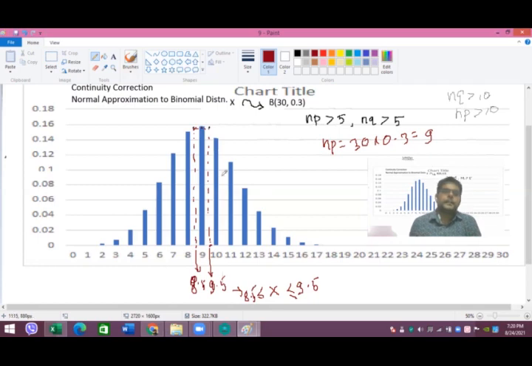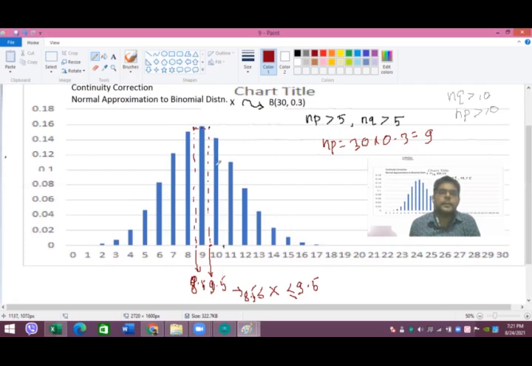Now similarly check for x equals 10, and for x equals 7, for x equals 11 up to 30, starting from 0. So for x equals 9, go half a unit left from x equals 10, and then half a unit right about x equals 10.